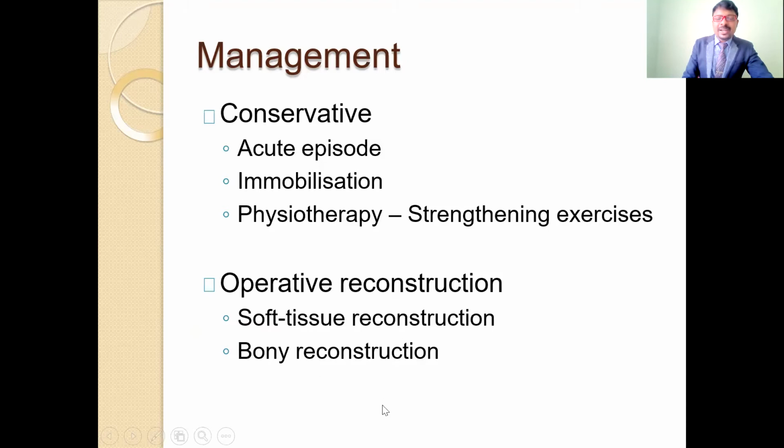Or in the case of bony reconstructions, especially for Hill-Sachs lesions and Bankart lesions, if they are of larger size and not controlled with conservative management, we do bony reconstruction surgeries.